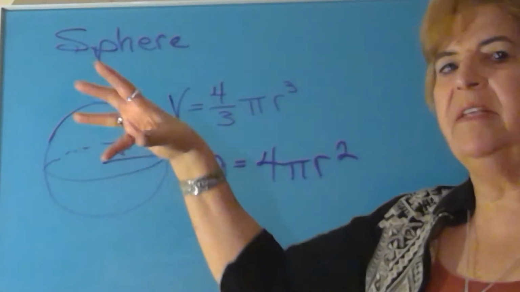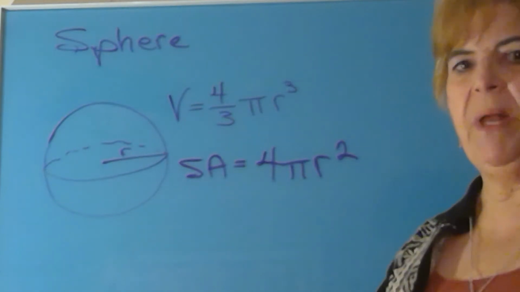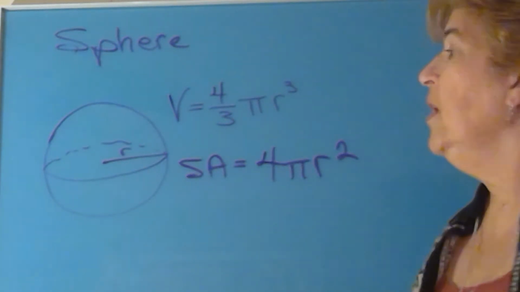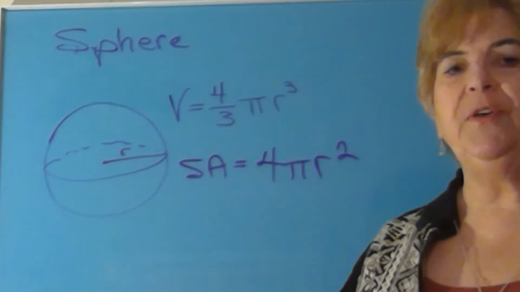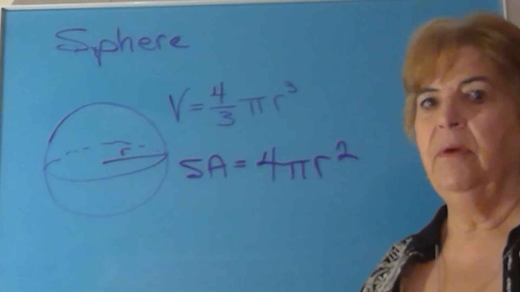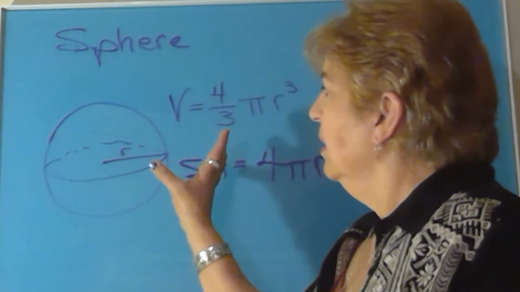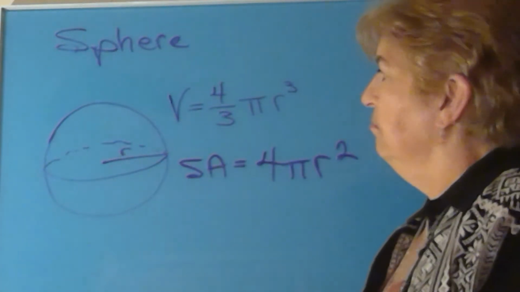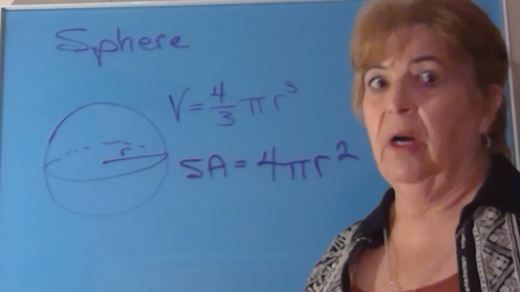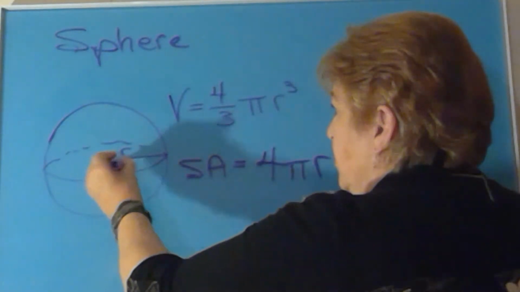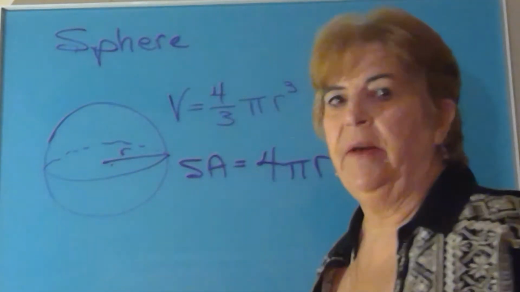This really doesn't relate to what we did with the box and the cylinder, because a sphere doesn't really have a height or a base. A sphere is just a sphere. It's all the points that are the same distance from the center.